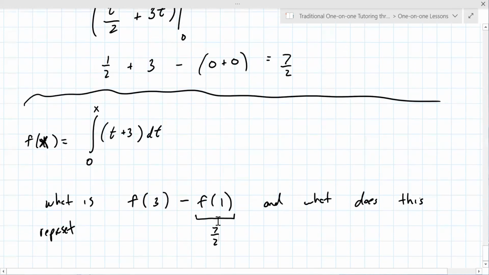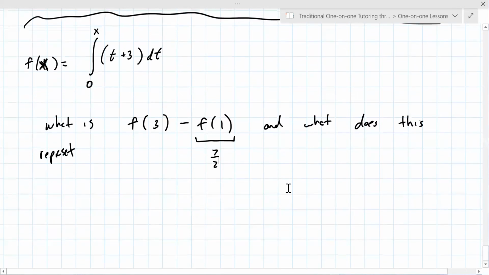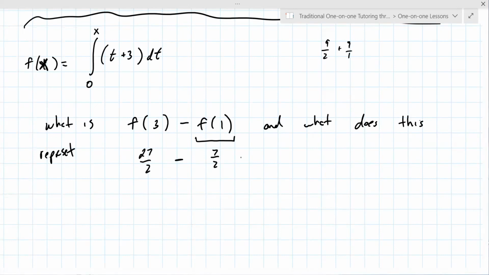So then common denominator, gotta multiply by 2. So 18 plus 9 is 27 over 2 minus 7 over 2. So 20 over 2, which is 10. What does this represent?